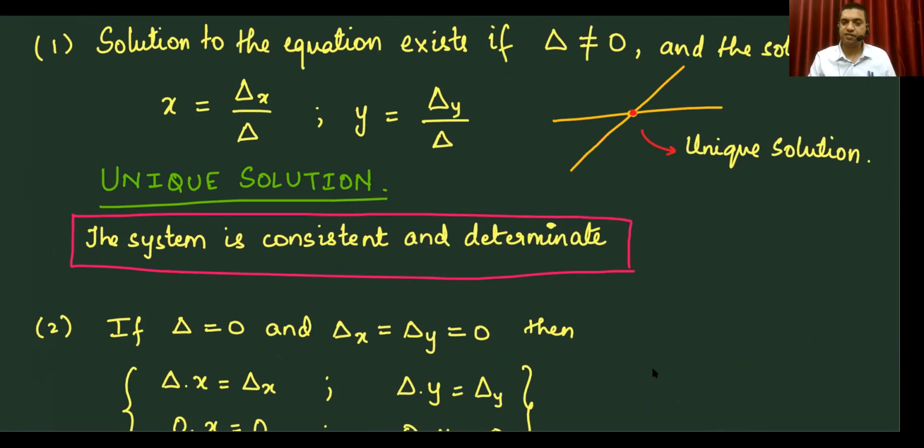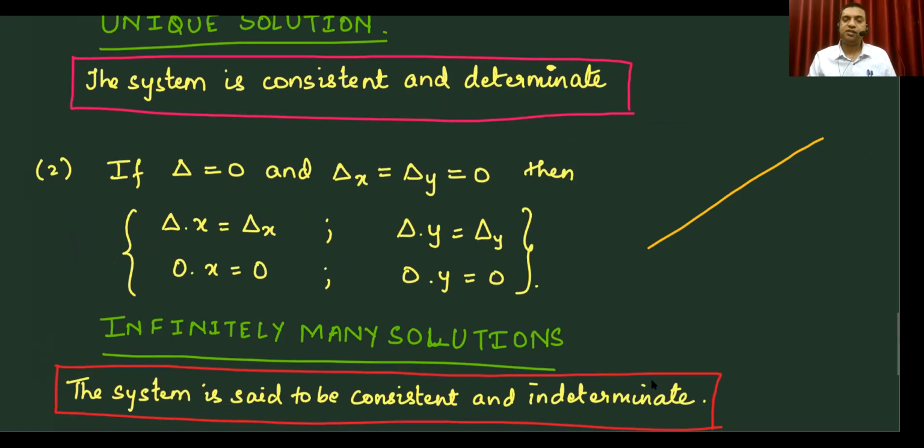If two linear equations have proportional coefficients, what do they represent? a1 by a2 is equal to b1 by b2 is equal to c1 by c2. Coincident lines. Very good, very good. So this represents coincident lines.